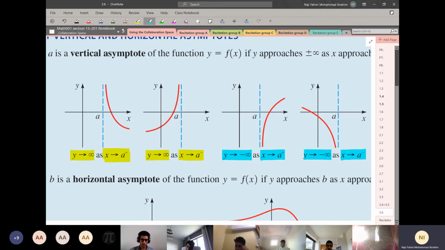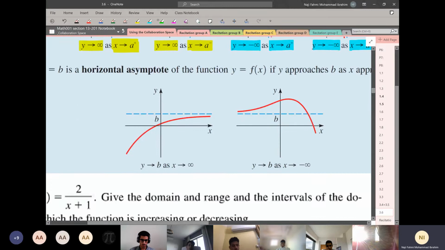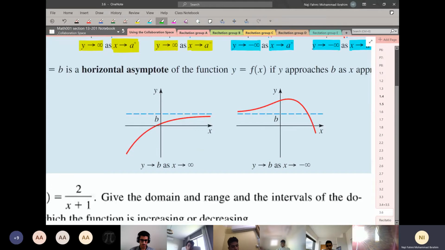As x approaches a number, the value of y is approaching what? Infinity or negative infinity. All these are vertical asymptotes. Now we have the mathematical definition of a horizontal asymptote. What's the mathematical definition of that?